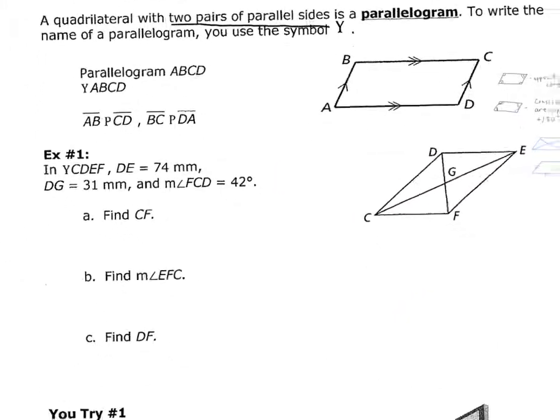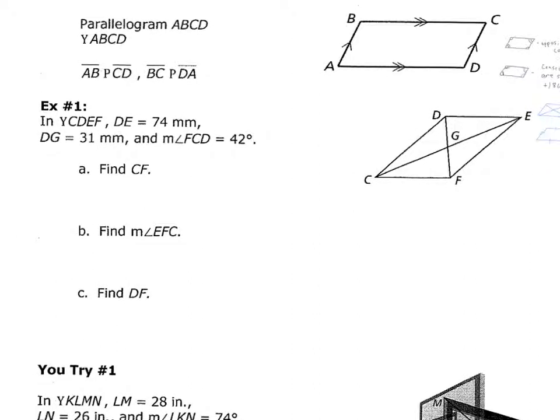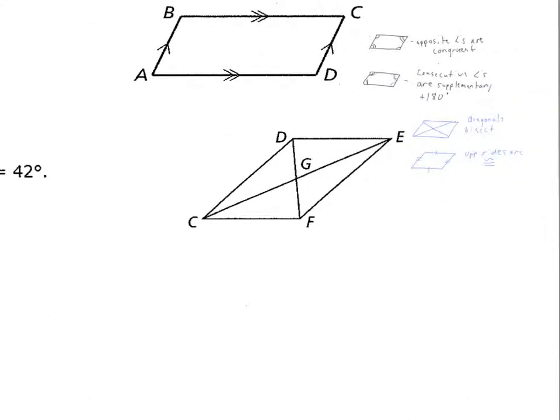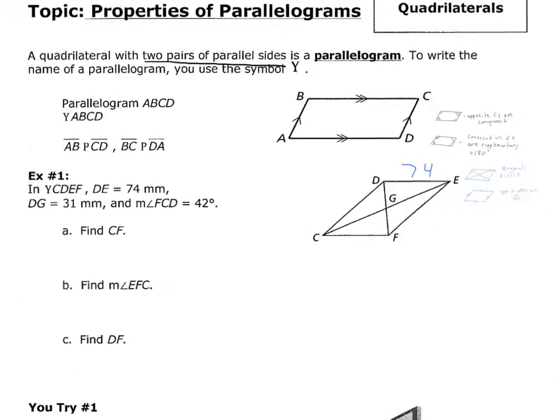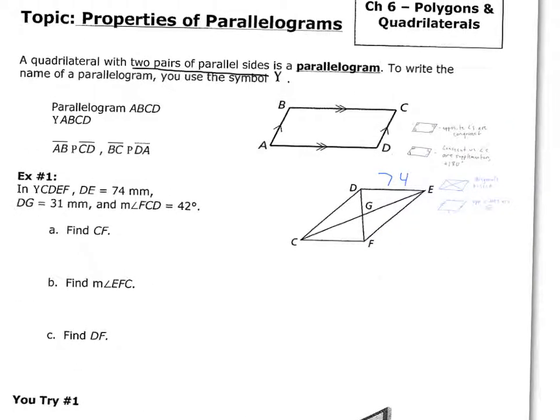Okay, so let's look at our example number 1 here. It says that in parallelogram CDEF, we have DE equals 74. So let's write that down, 74. We have DG equaling 31, 31 in here, and we have measure angle FCD equaling 72 degrees.